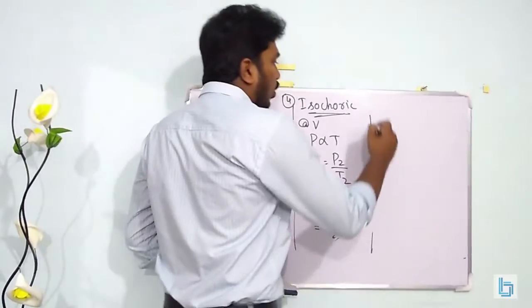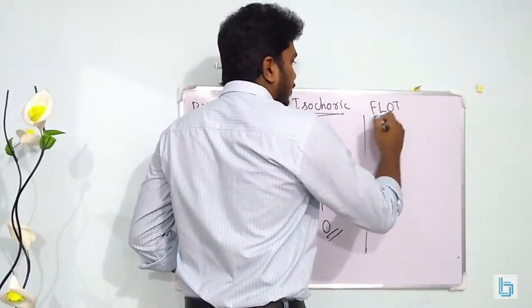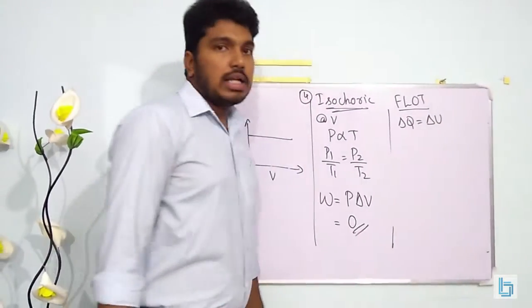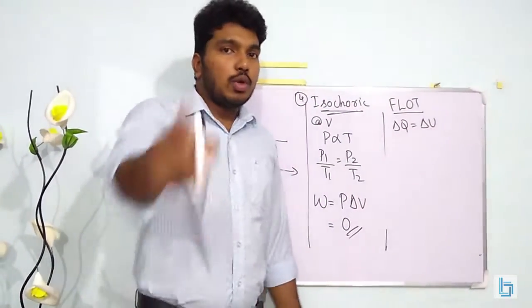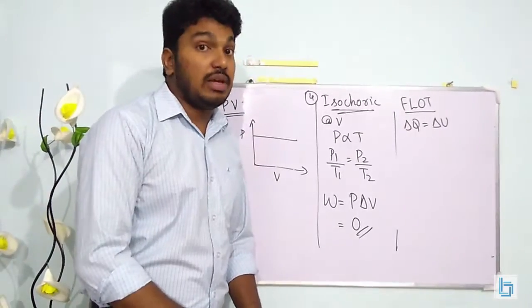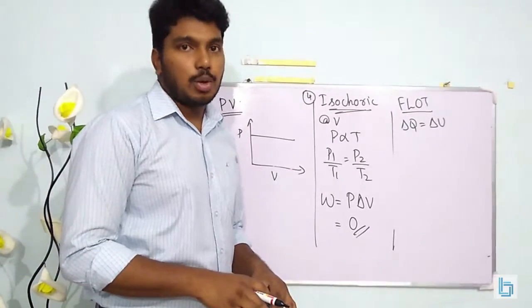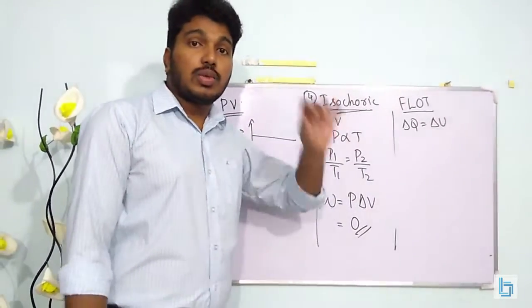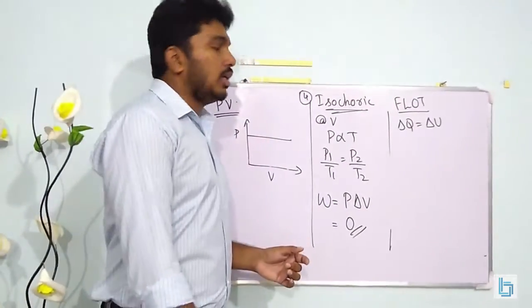Therefore by applying the first law, we can write delta Q will be equal to delta U, and you know that delta U is equal to NCV delta T. Okay, so in an isochoric process, delta U will be equal to NCV delta T.